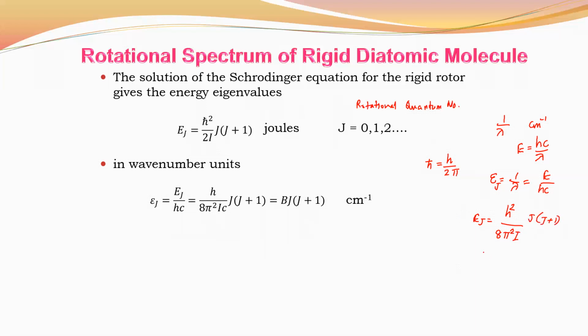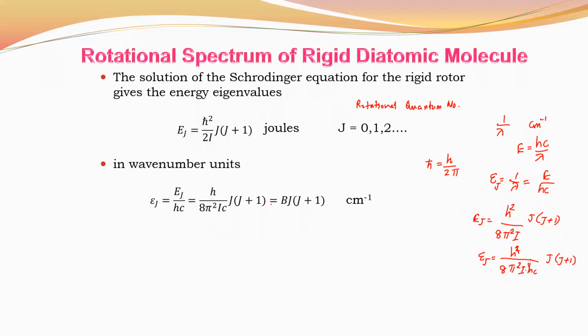Then epsilon j is equal to h square divided by 8 pi square I, divided by hc, into j plus 1. Then we cancel one h. The remaining quantity is h divided by 8 pi square Ic, into j plus 1.